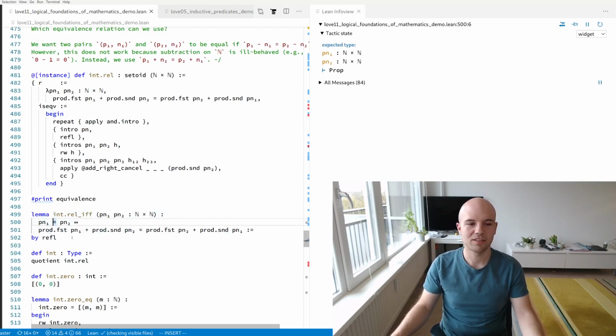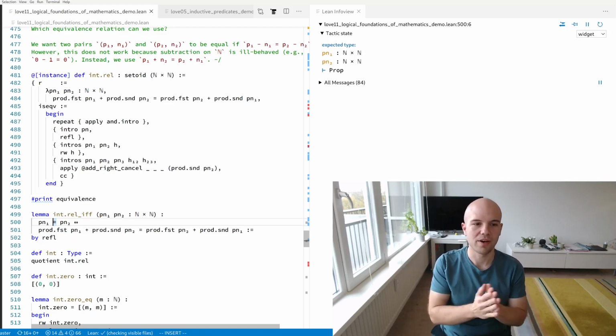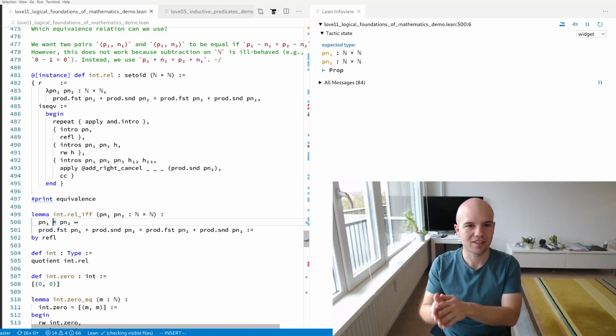This is very helpful because then you have some control over how to rewrite using a definition here. Okay, so just to reiterate, these two pairs are equivalent if we have this equality of sums that I've drawn.